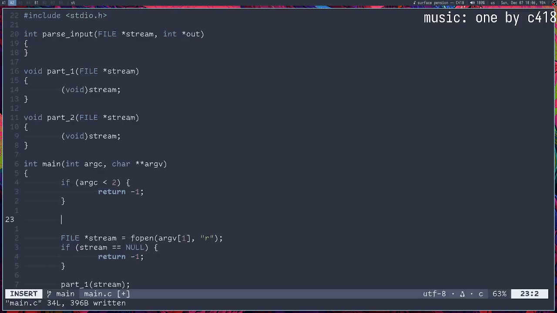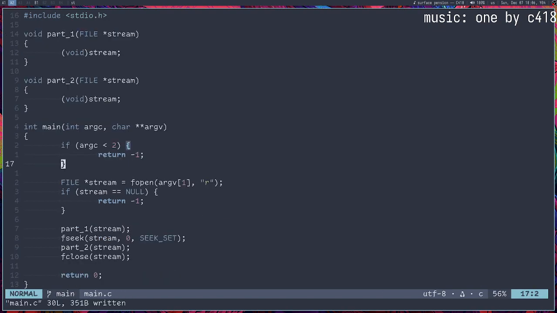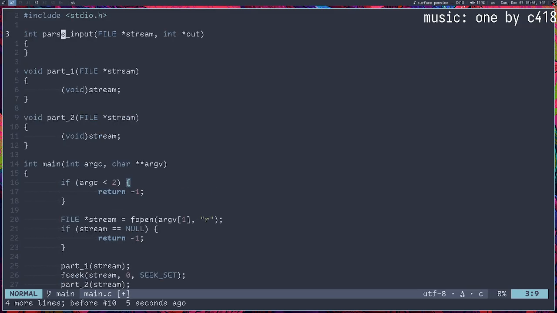I could literally just do that in the main function. Actually, now let's do it in here.